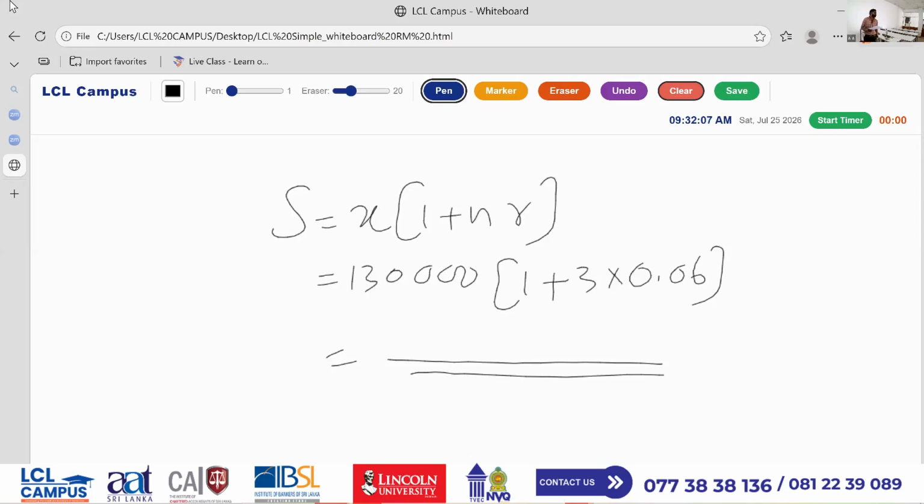Why can't you take it together? If you multiply like that, only one multiplication happens and the other gets added. Use the bracket: 130,000 bracket 1 plus 3 into 0.06. The answer is 153,400 for the third one.